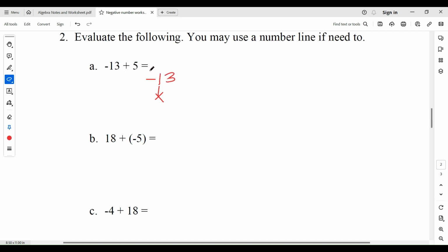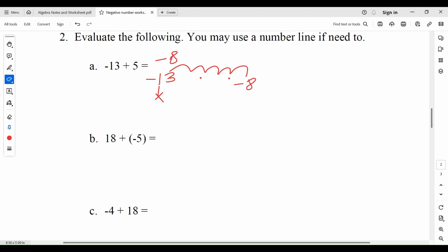I shift to the right. So 1, 2, 3, 4, 5. Imagine in my head. So I shift by 5. Minus 12, minus 11, minus 10, minus 9, minus 8. The answer is minus 8. So if you are using a number line, this is what you do.